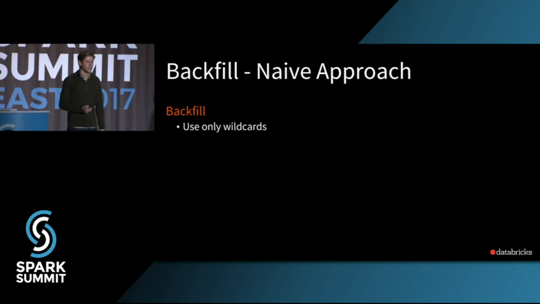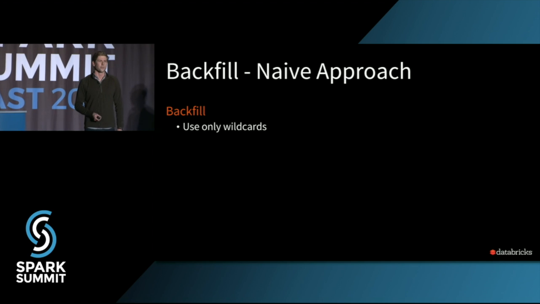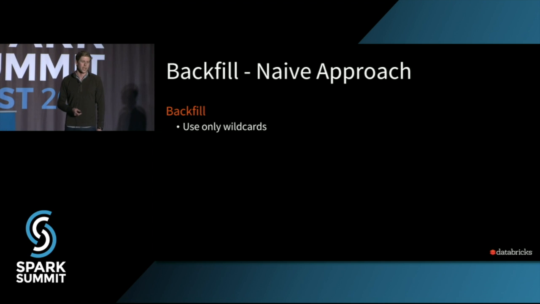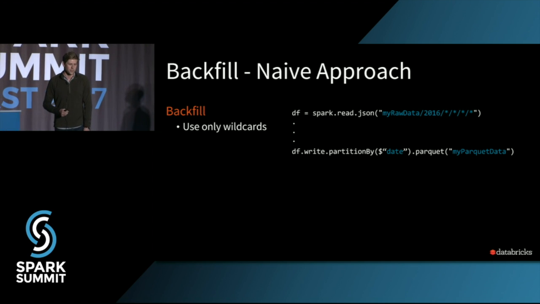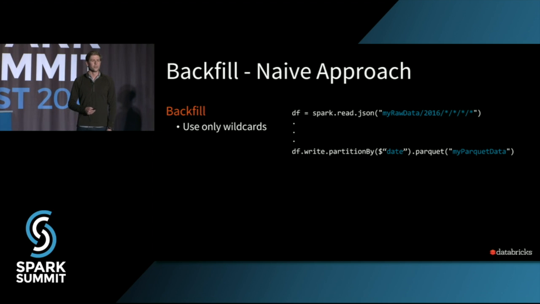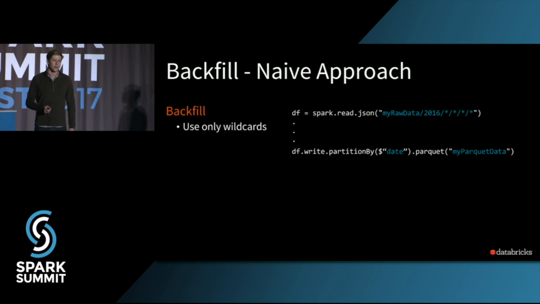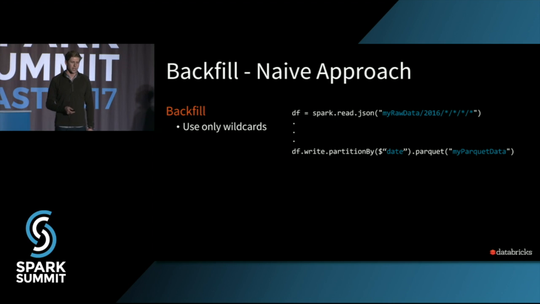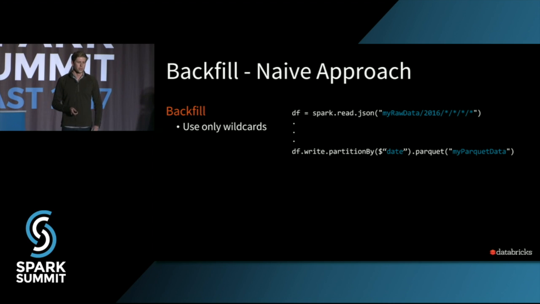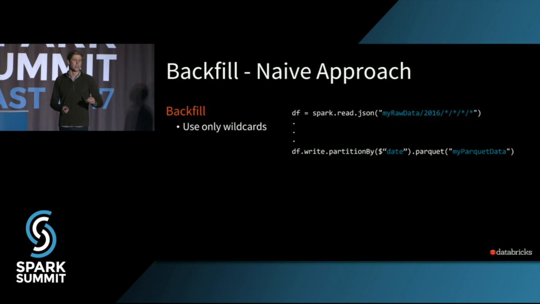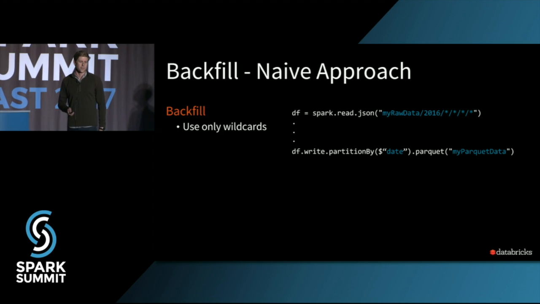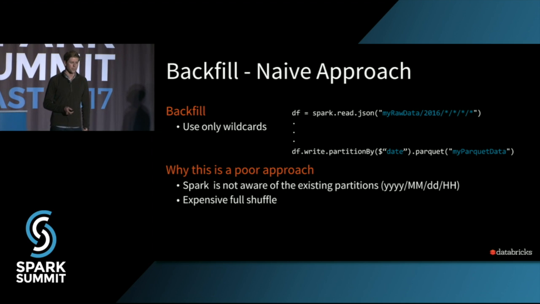So the naive approach to handle this, or to do a large backfill, say if you wanted to backfill a full year's worth of data, is to use only wildcards. If we're using that same similar JSON data example, and I wanted to backfill all of 2016, I could use wildcards all throughout, do some ETL, and then choose to partition it by that same date and write it as Parquet.